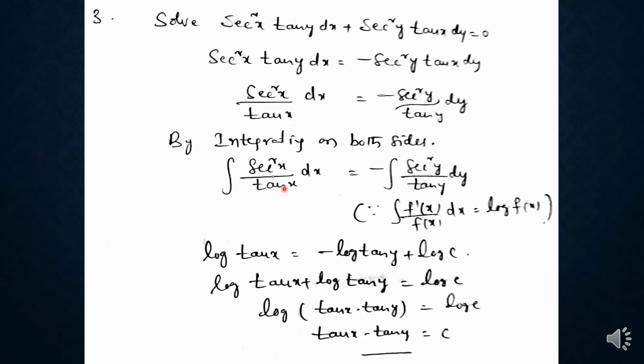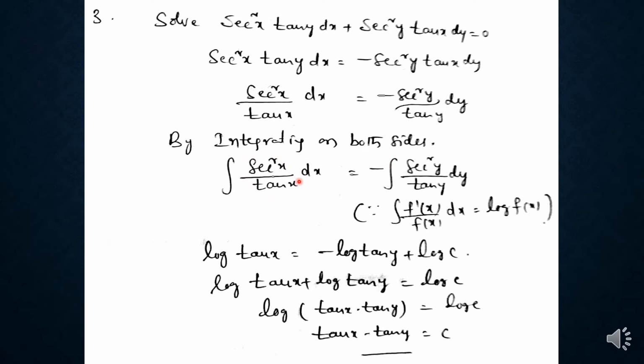Yes, the denominator is the function tan x, so what is the derivative of tan x? Secant square x. So if we check that form, then we have the direct formula: if the integrand is in the form of f dash x by f of x dx, then the value of that integral is log f of x.